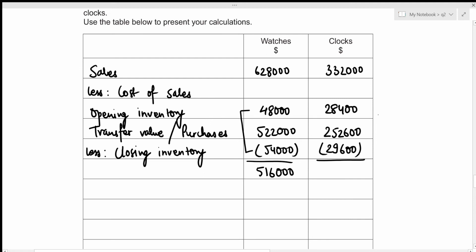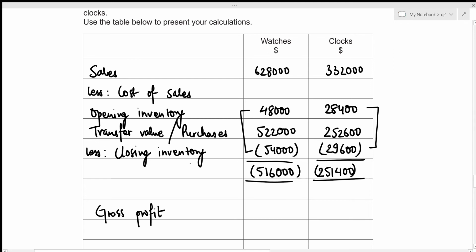And for clocks, that's going to be 28,400 plus 252,600 minus 29,600, which results in the value of 251,400. Okay, now we just need to subtract the cost of sales, so I'm just going to write it in a bracket as well. So now we move towards figuring out the gross profit.